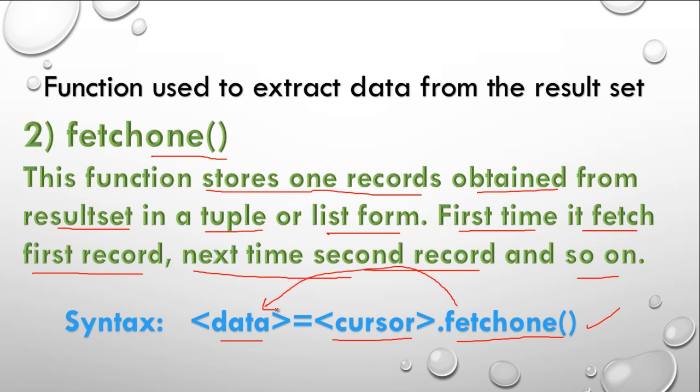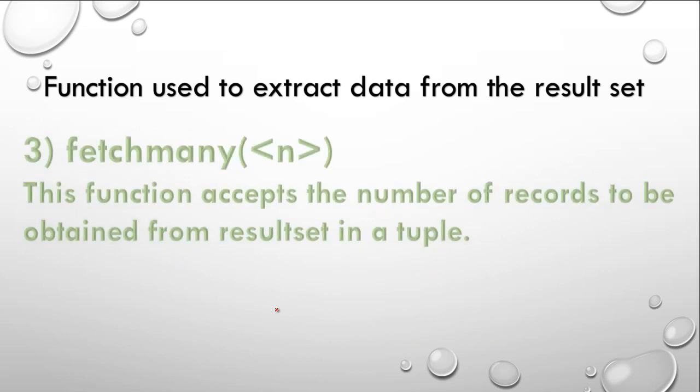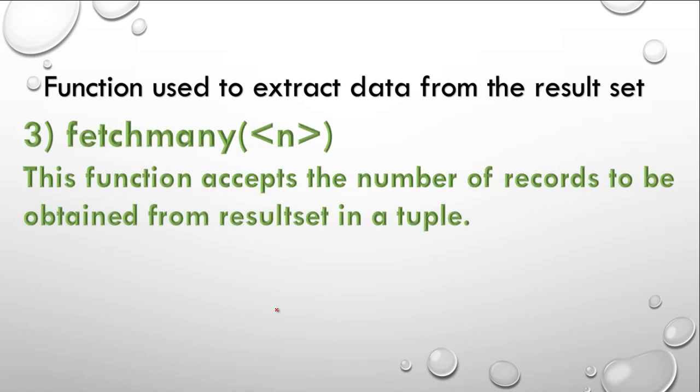Then the next one is fetchmany. In the first function, fetchall, all the records are obtained. In the second function, fetchone, only a single record is obtained at one time. But suppose we want to specify that we should obtain only this many records from the result set.